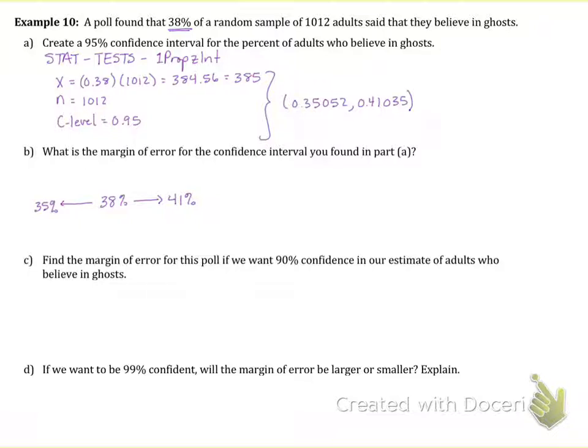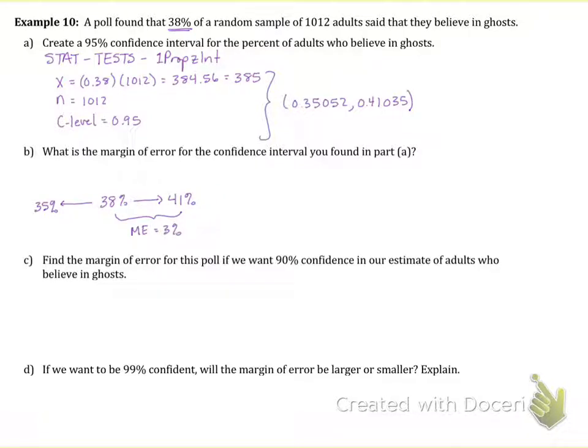The margin of error is the distance between this center and the outer edge. So this is the margin of error. So if you take 41 minus 38, you'll get a 3% margin of error.